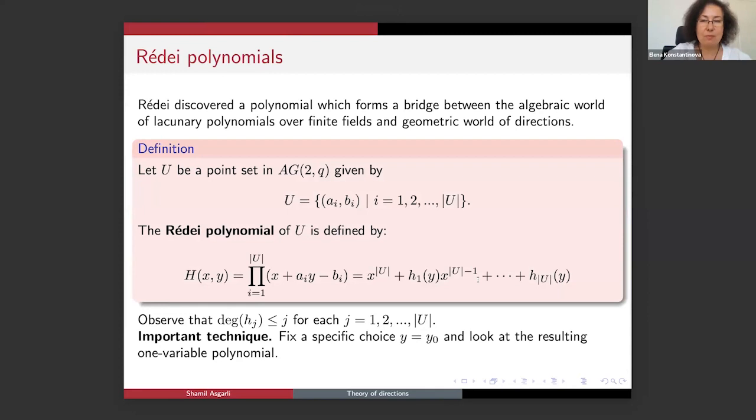We don't have tools like understanding lacunary polynomials over a field with two variables. I don't think we have the theory for it yet. So Rédei's theory is only about lacunary polynomials in one variable. And that's why we have to somehow specialize y. I'm going to show you in the proof how to specialize this y, so that a lot of these coefficients become 0 and you get something lacunary.